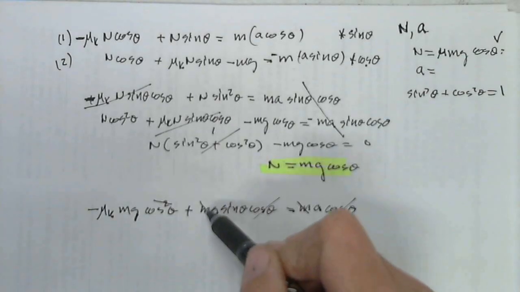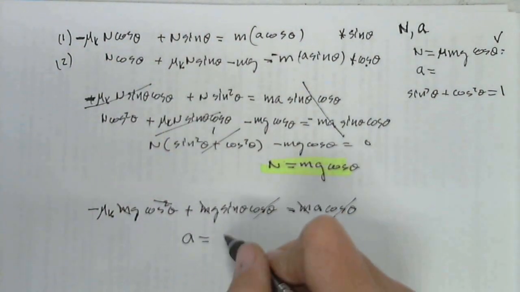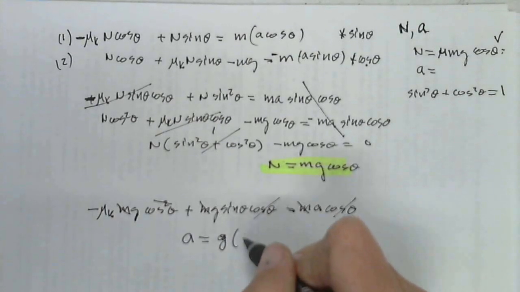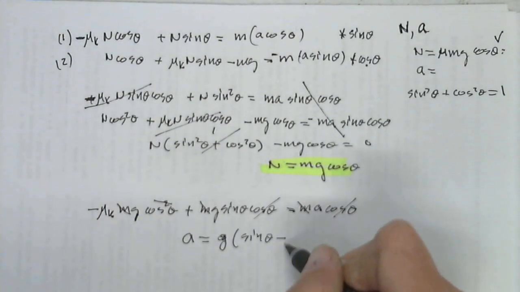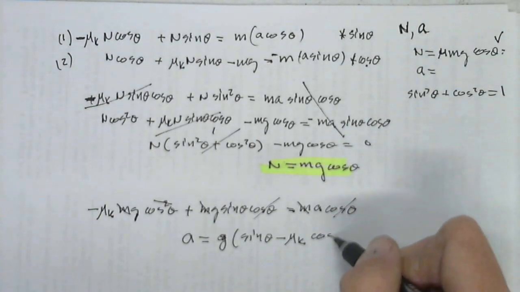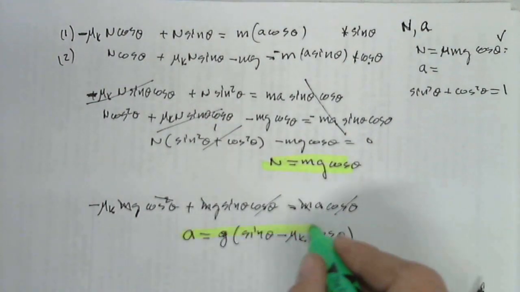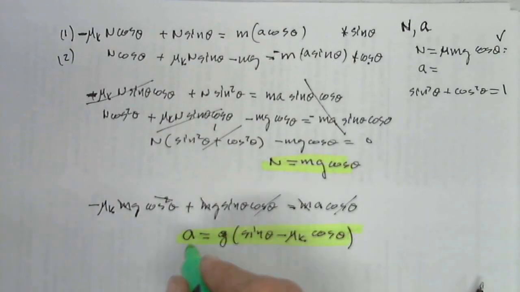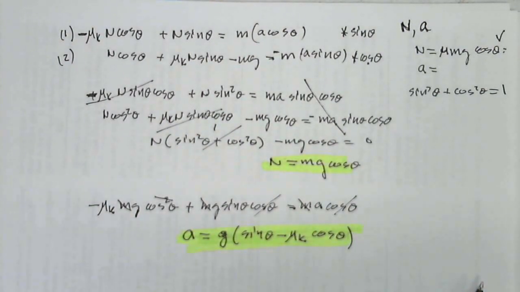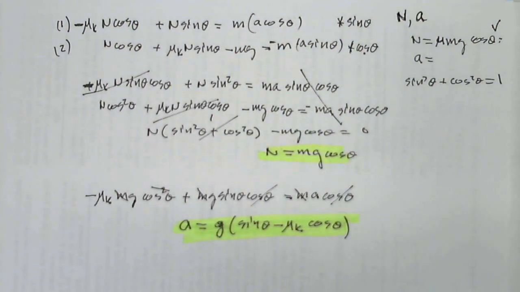The mass cancels, and I get exactly what I got yesterday, because again the magnitude of the acceleration is invariant, or independent of your choice of the axis.